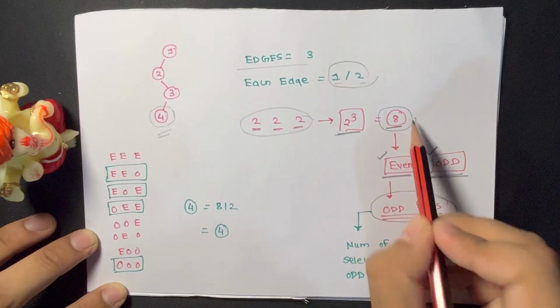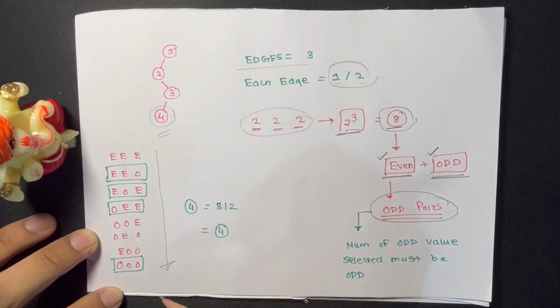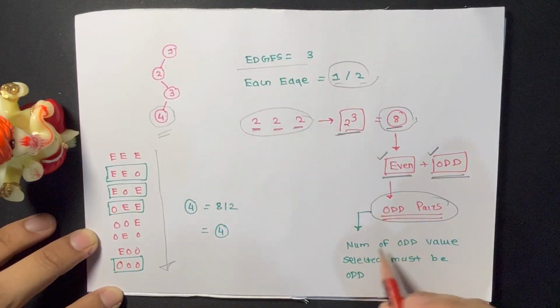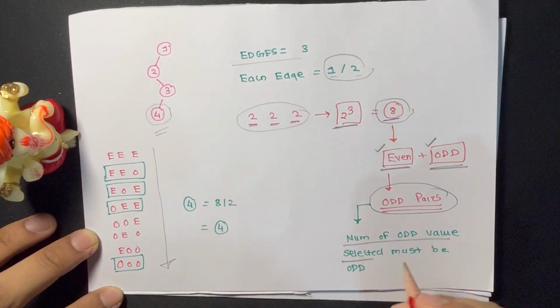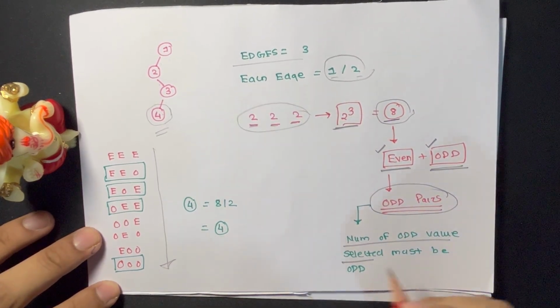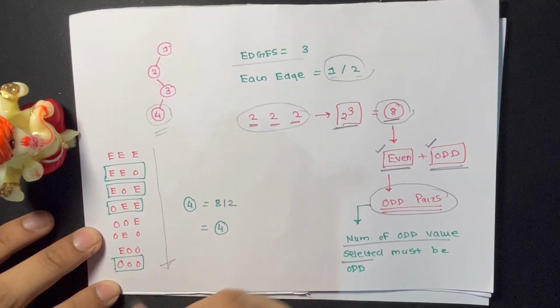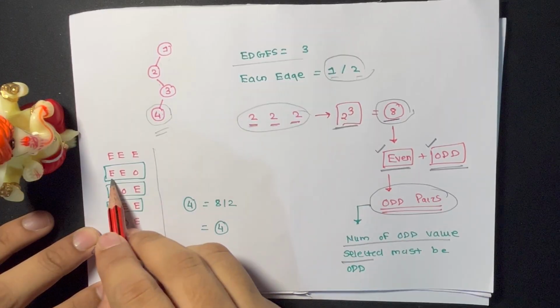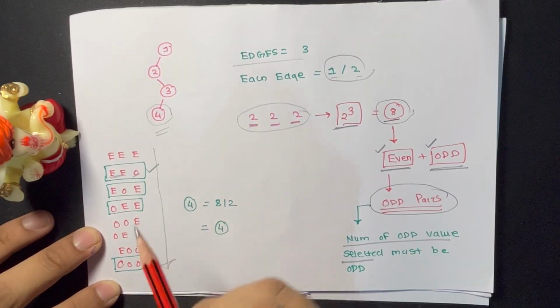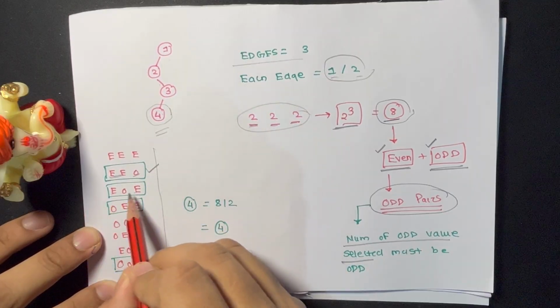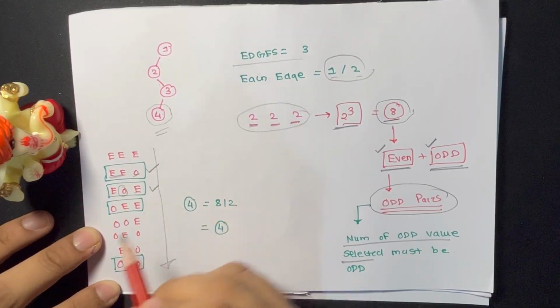Now I have written all these 8 combinations here. Okay, so whenever we need the sum as odd, what we must have is that there must be an odd number of odd integers here. So consider here there are 2 even numbers and one odd number, so we get an odd answer.